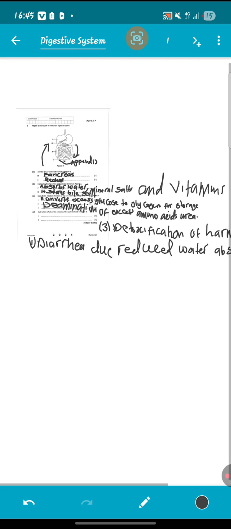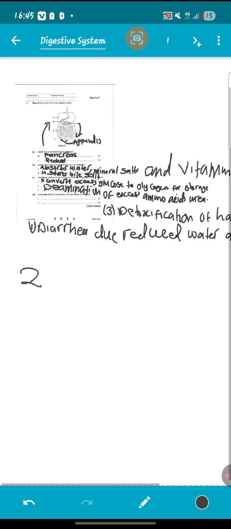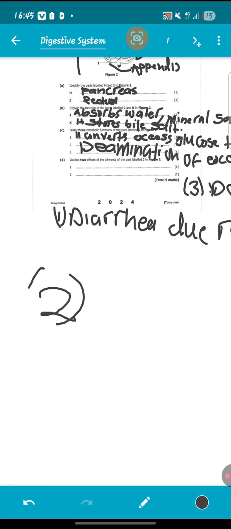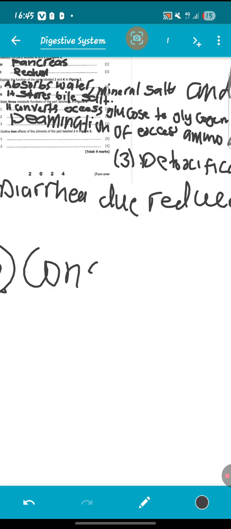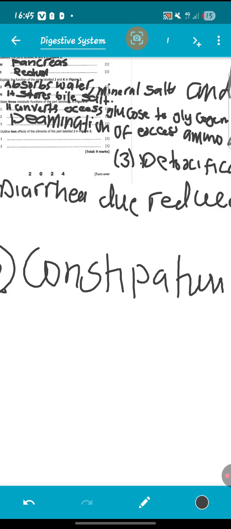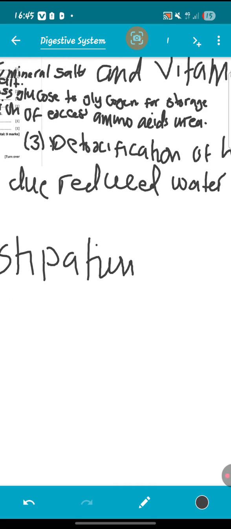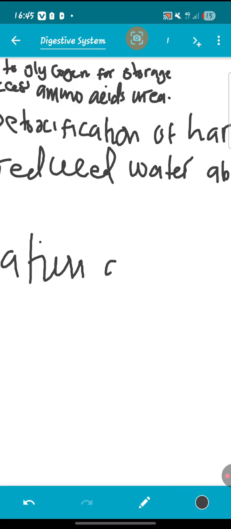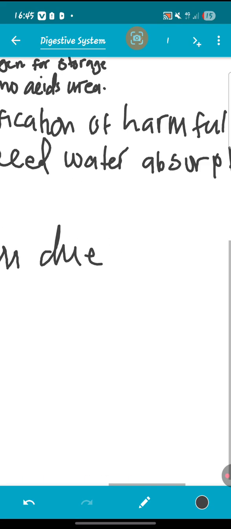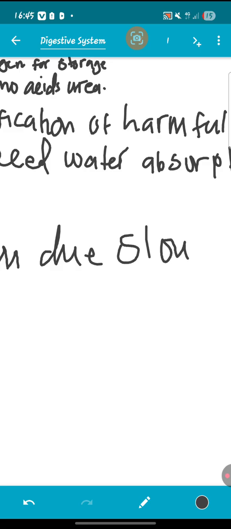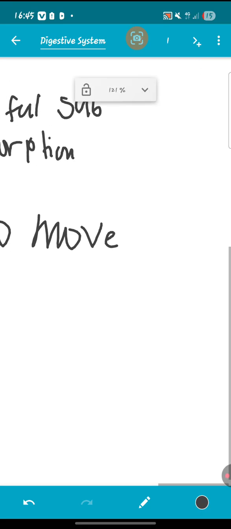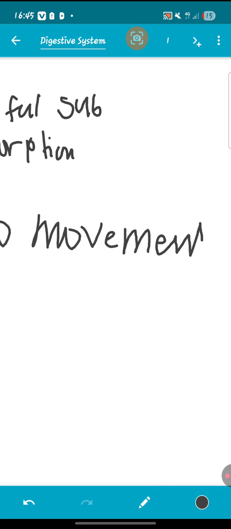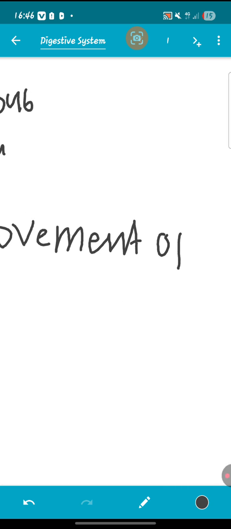So the other one is two, constipation, due to slow movement of feces.